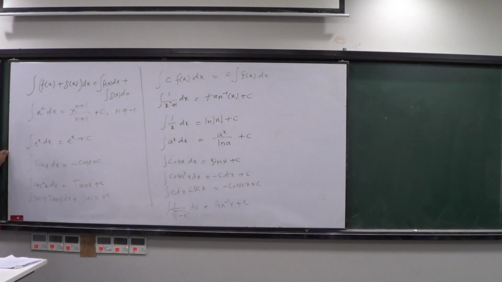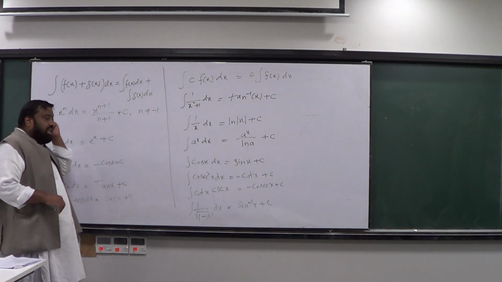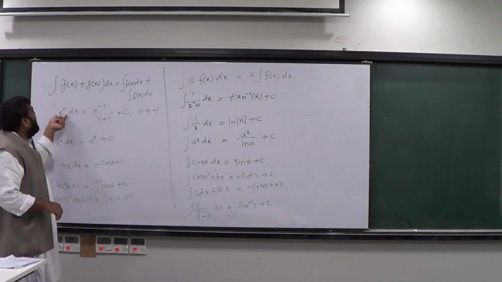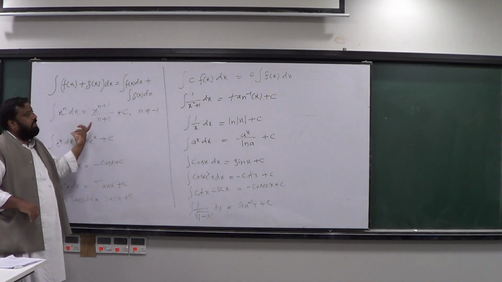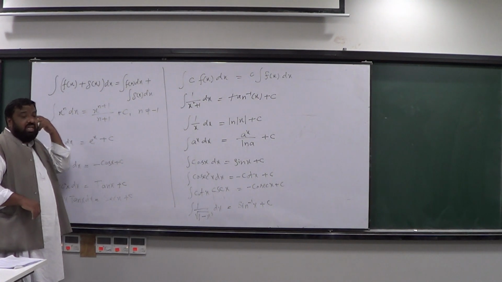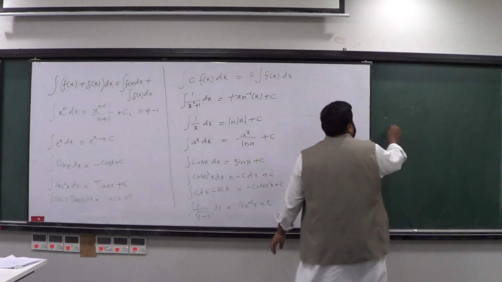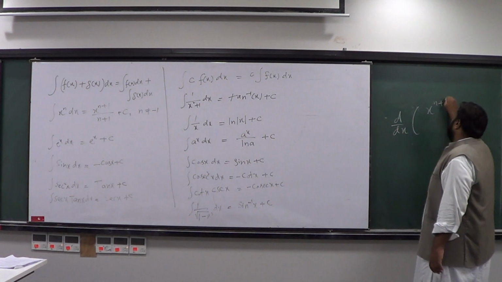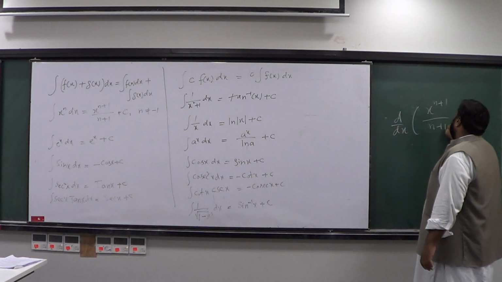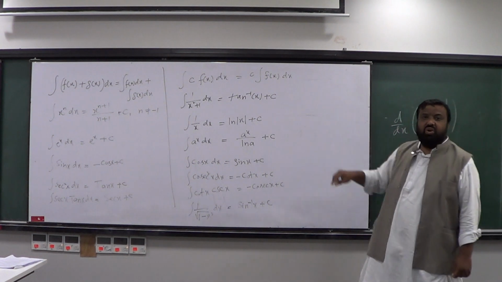Why is the antiderivative of x to the power n equal to x to the power n plus 1 over n plus 1? It is just because if you differentiate x to the power n plus 1 divided by n plus 1, you are going to precisely get x to the power n.